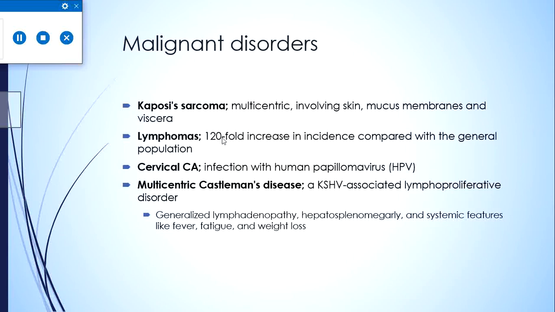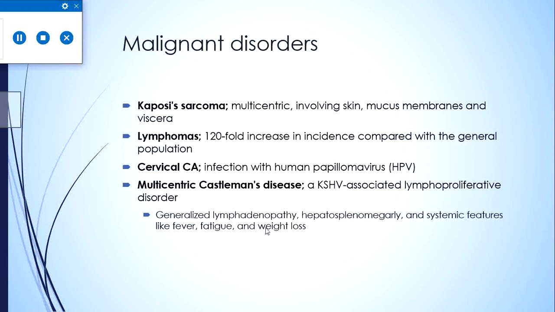Lymphomas of various types are also very common, and patients have 120 times increased incidence of lymphomas compared with general population. Then cervical carcinoma in the women, this due to chronic infection by human papillomavirus. And multicentric Castleman disease is a lymphoproliferative disorder, not exactly a malignant disorder, but is also caused by the same virus, human herpes virus 8, which is responsible for Kaposi sarcoma.